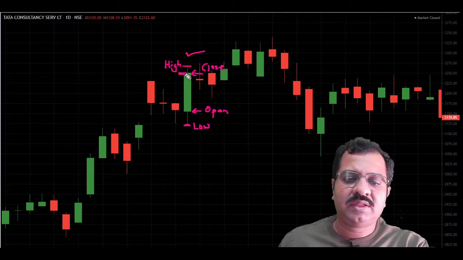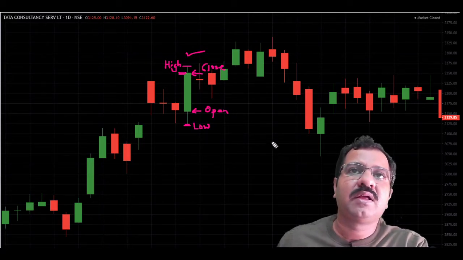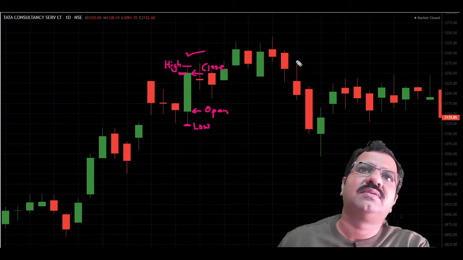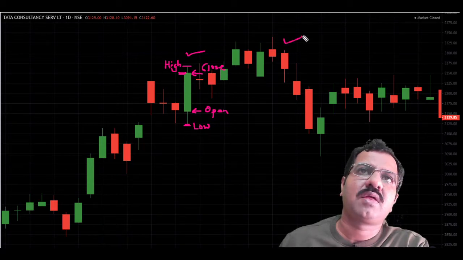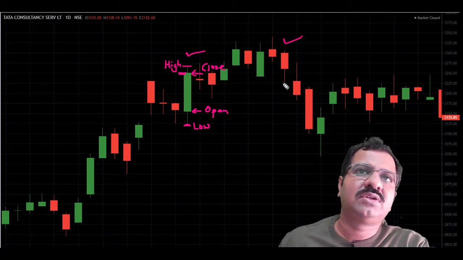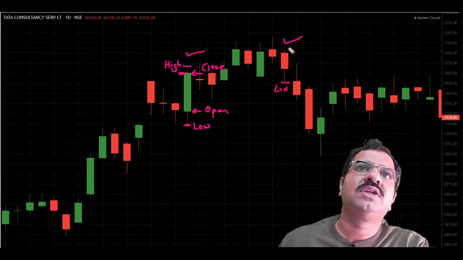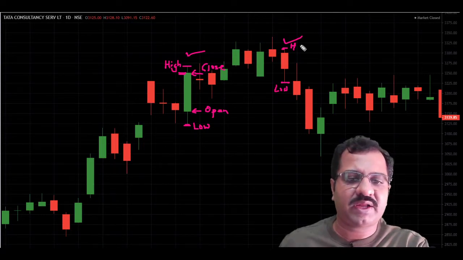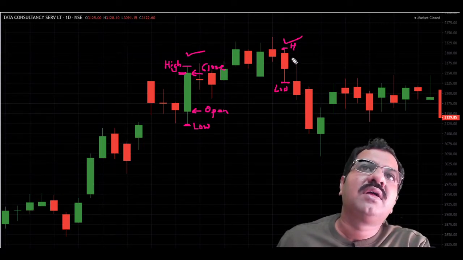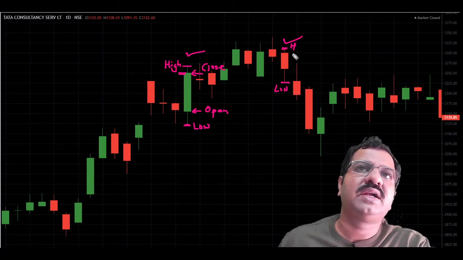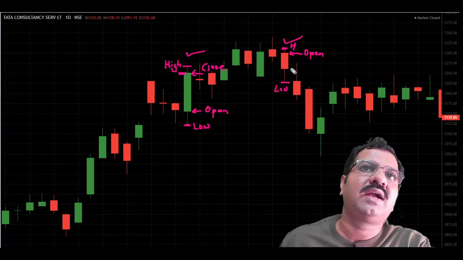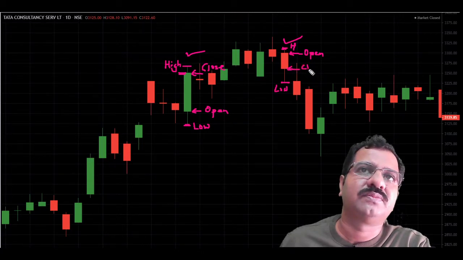Okay, now if you see red color candle, so let's take example of this particular candle. Okay, so this is low, this is high, right? I will just mark H. If it is bearish day, red color candle, then this is open. Okay, and this is closed now.